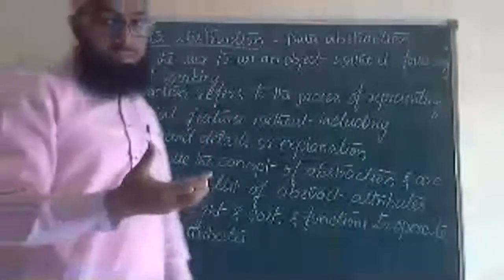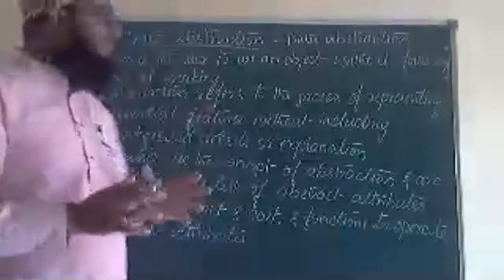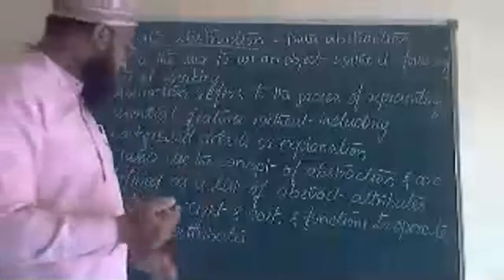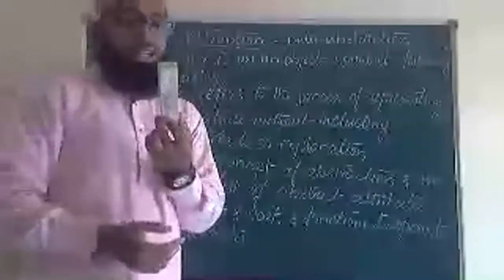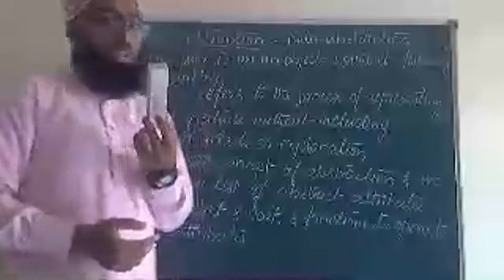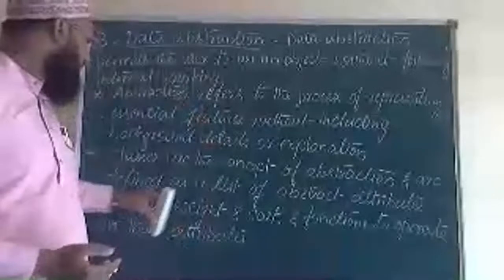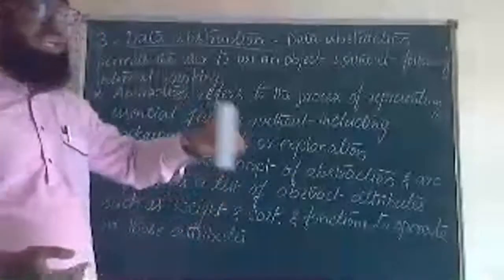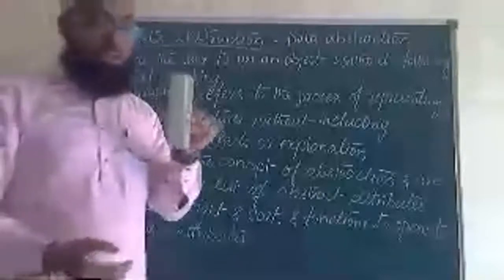Okay, just like if you take anything, think of that as an abstract. Just like I'm taking a duster. Think this is an abstract. This is a thing, an object or a class. Then the abstract here will define a list of abstract attributes.